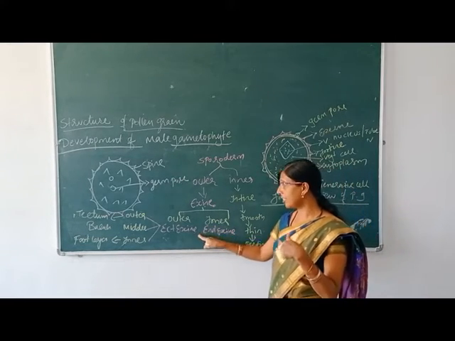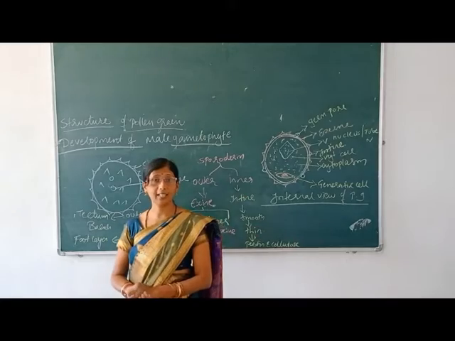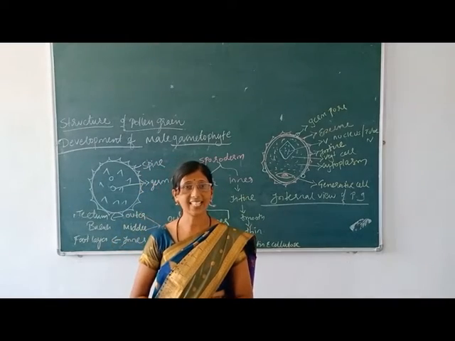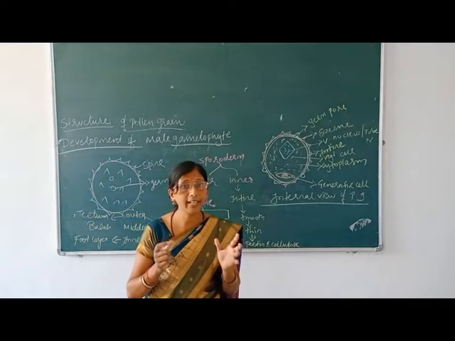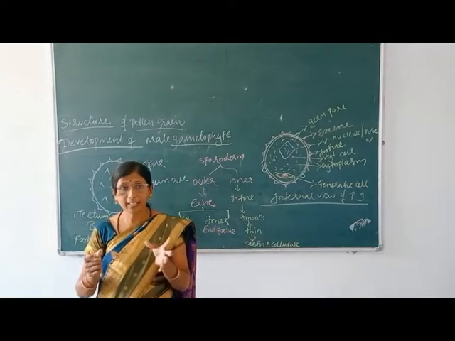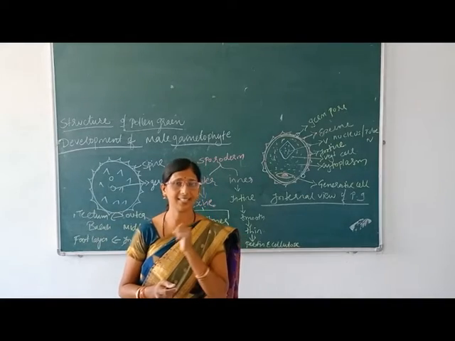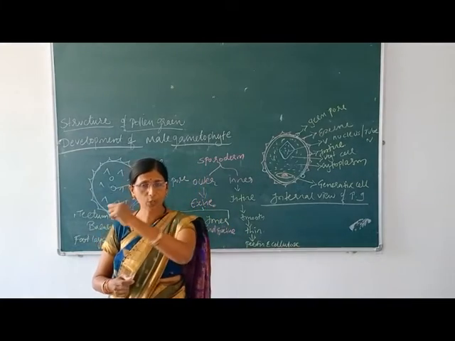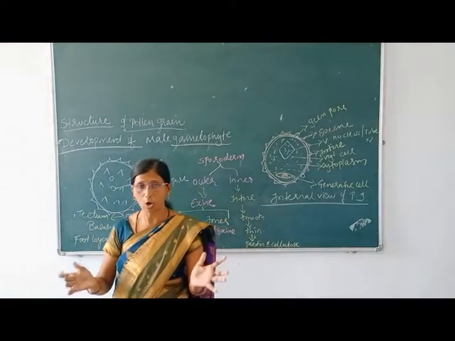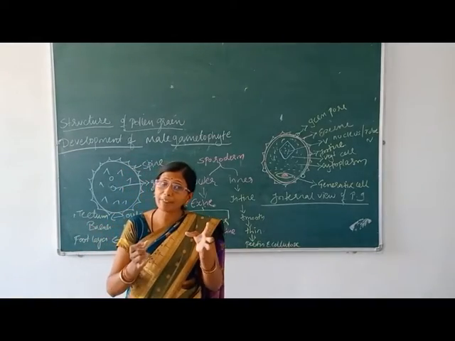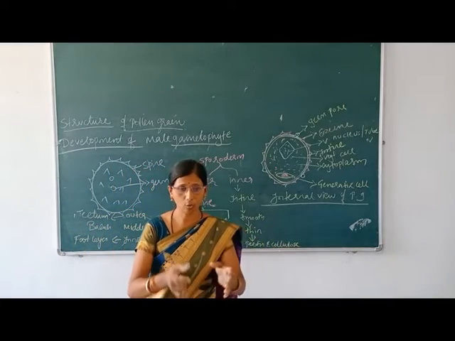So this ectexine is again differentiated into three: outer, middle, inner. The first is tectum. This tectum acts as sculpture work. Sculpture work means, as I already told, different pollen grains have different decoration, design and shape only because of this tectum, the ectexine. It gives the different designs, decoration or ornamentation, which helps in the identification of different species of plants. Like families, which we already studied: how do you find the families?